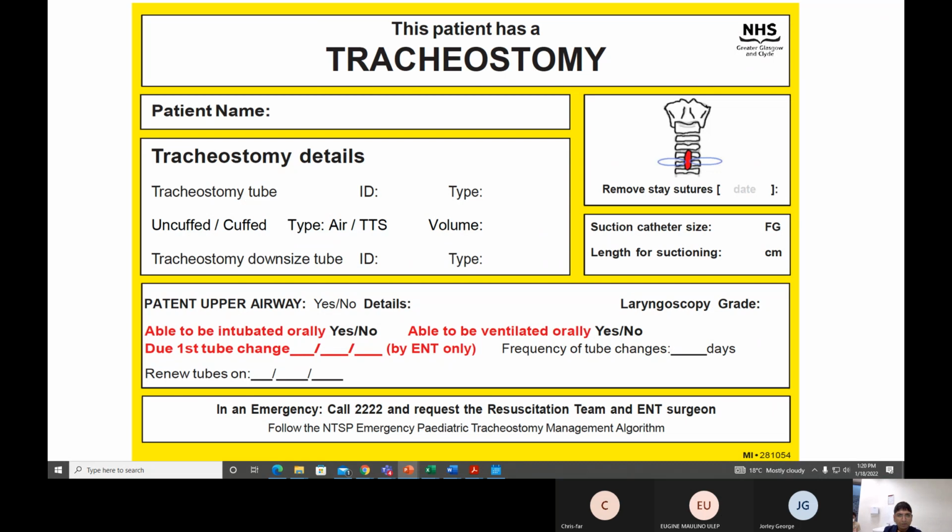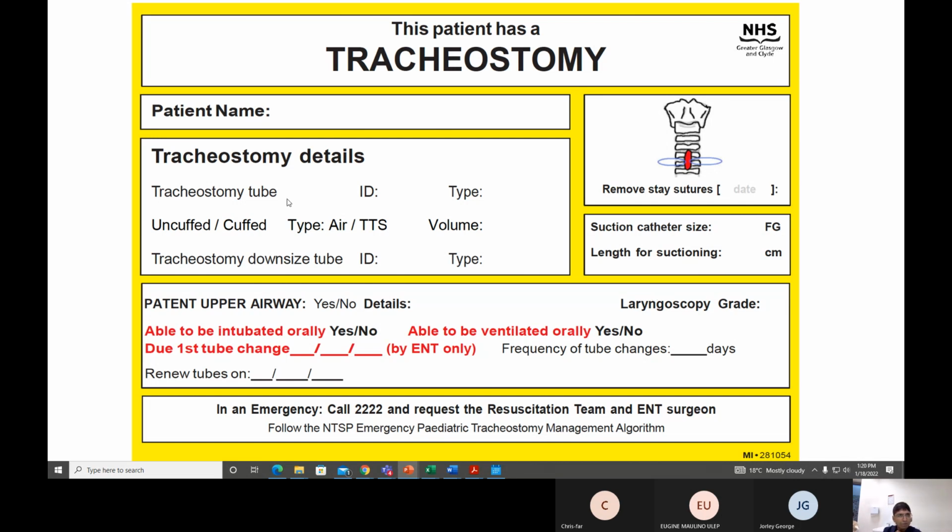To make the tracheostomy care safer, especially for new tracheostomy and old tracheostomy patients, it's important to put up a bedside sign saying that the patient has tracheostomy, providing all the essential information that you may need to manage the patient in case of a tracheostomy emergency.